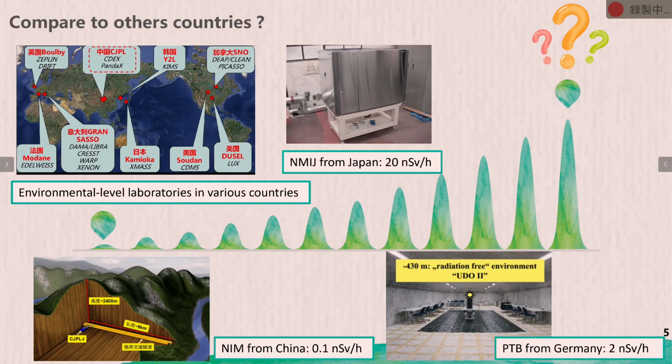It can detect about 0.1. Yes, because in China they construct the laboratories underground. They construct a tunnel underground, so they can shield all the cosmic radiation and some radiation in the environment. So maybe they can detect a much lower level of those rays.